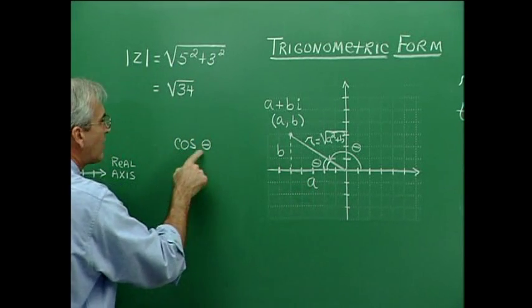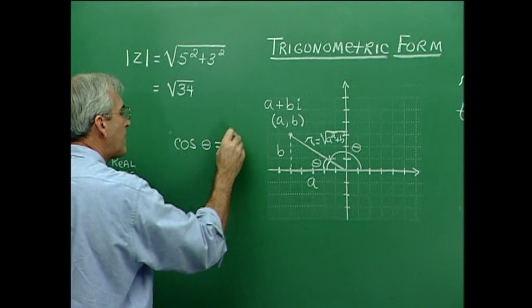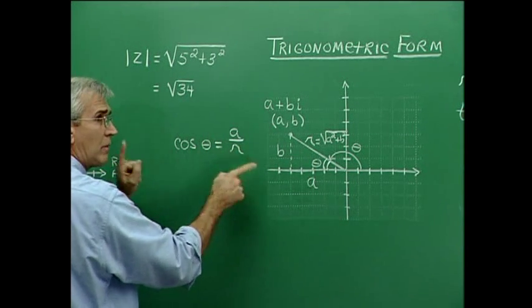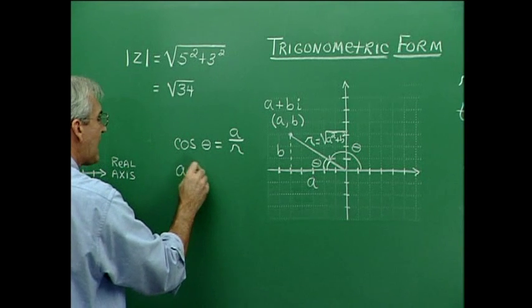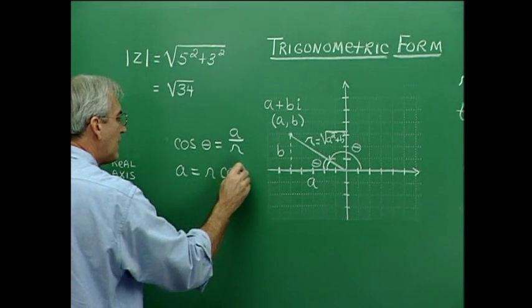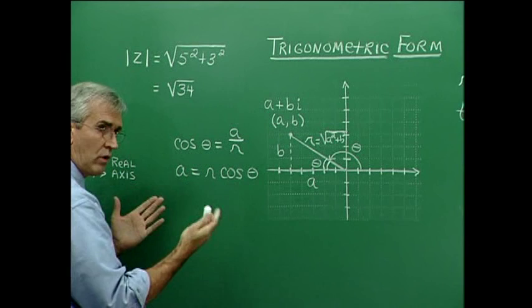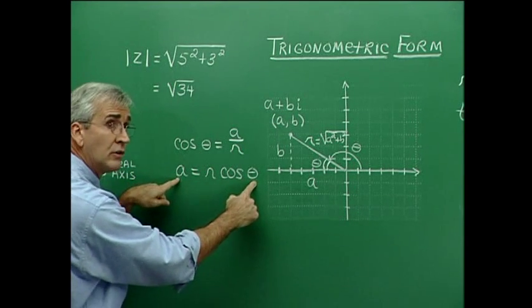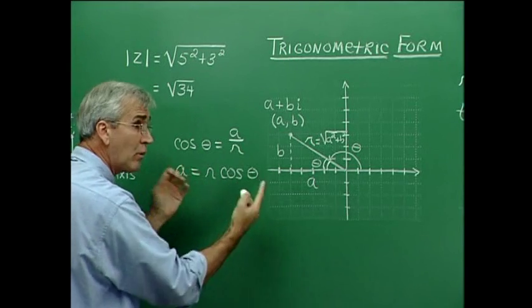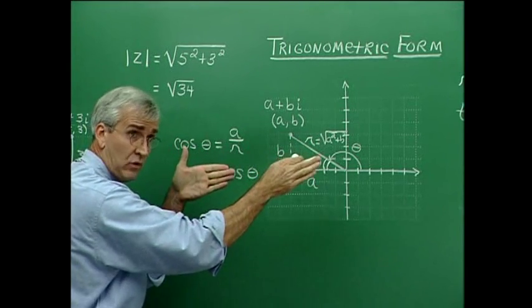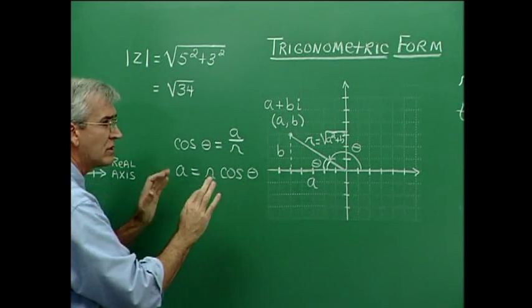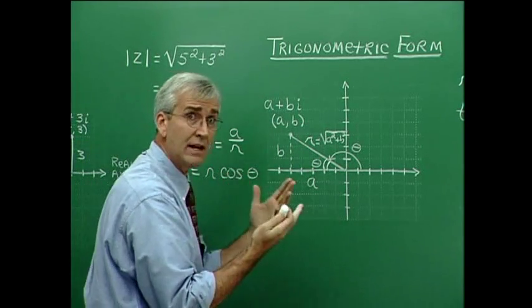So the cosine of theta is a over r, and multiplying by r on both sides, we find that a is r cosine theta. And that's a very important relationship here. To find a, we use r and theta, just like to find r and theta, we used a and b, going in the other direction. So a is r cosine theta, and in a similar way, b is r sine theta.